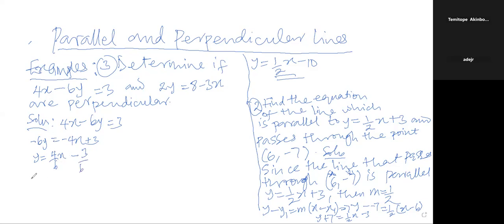So reduce that, 2 here 2, 2 here 3. So you have that to be 2 over 3x minus 1 over 2. So this implies that m1 is 2 over 3.